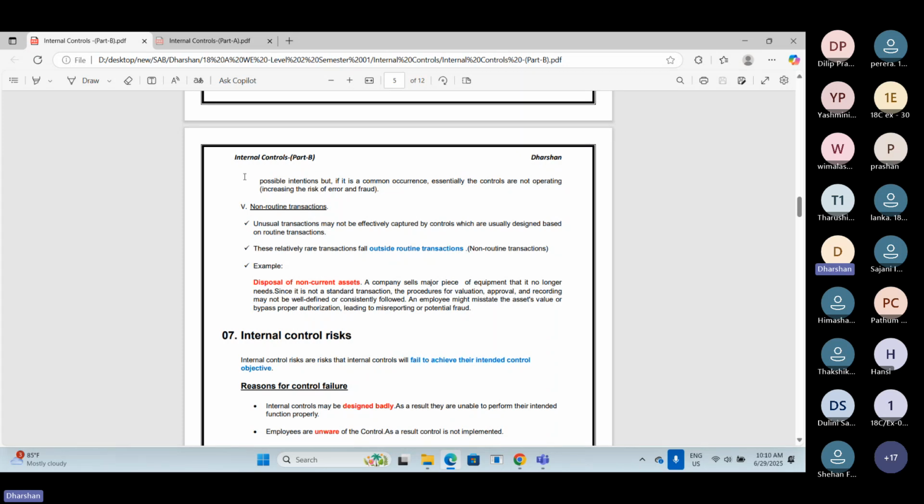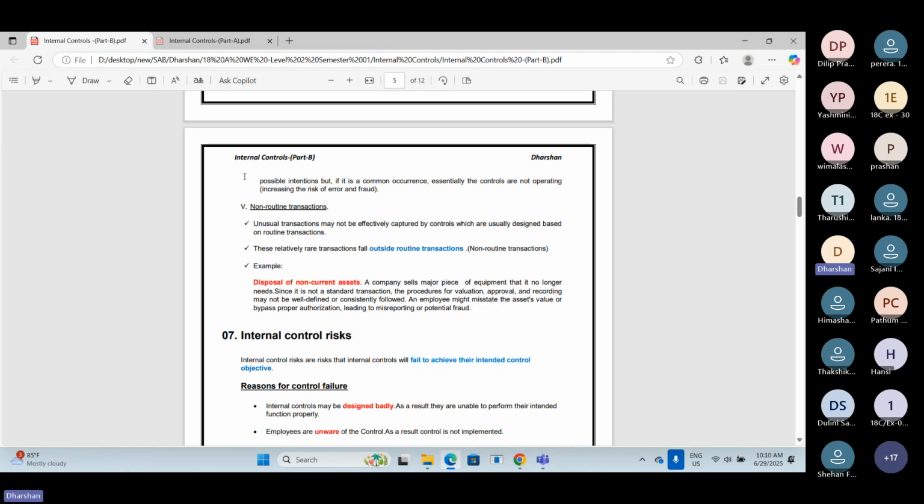PP&E disposals will take place at scrap value. Scrap value is not a huge thing to the organization. So implementing controls for PP&E disposal is not worth it to the organization if it is sold at scrap value.